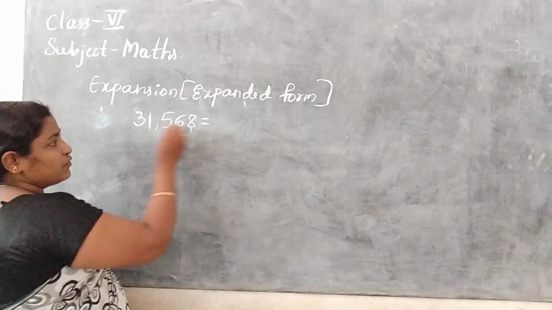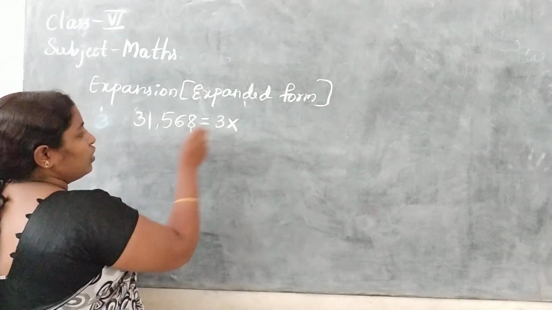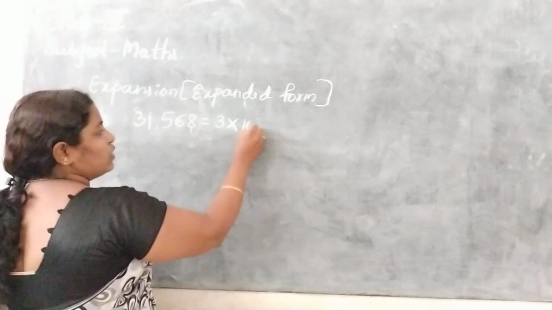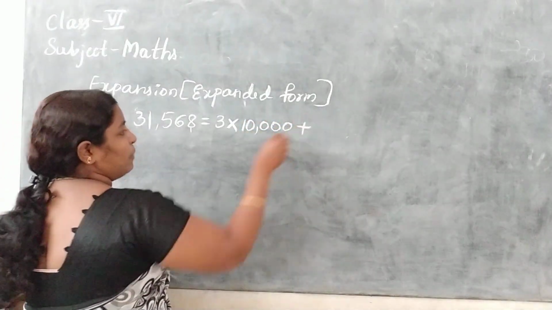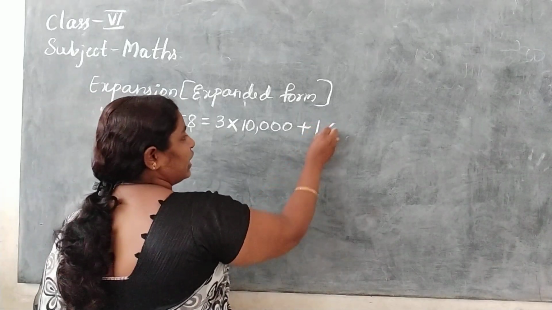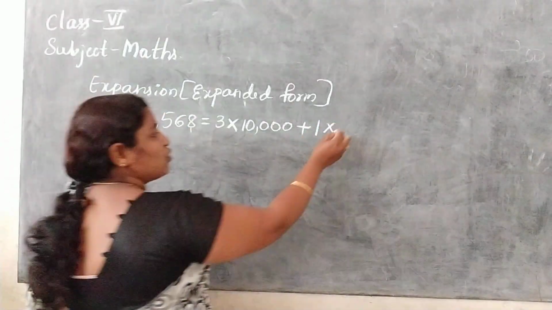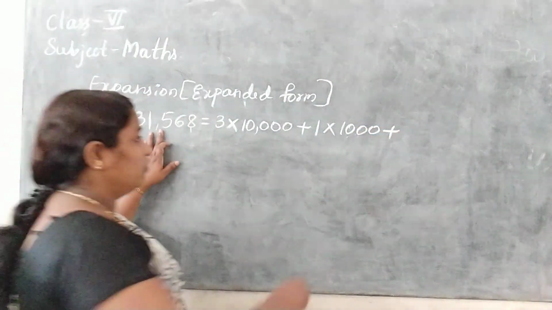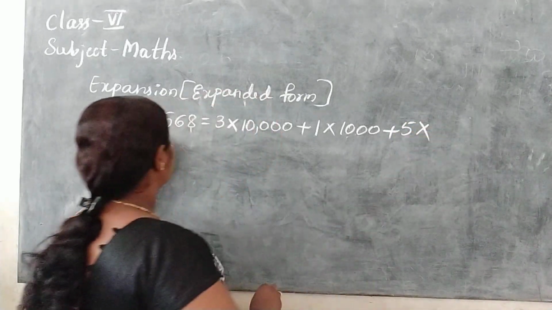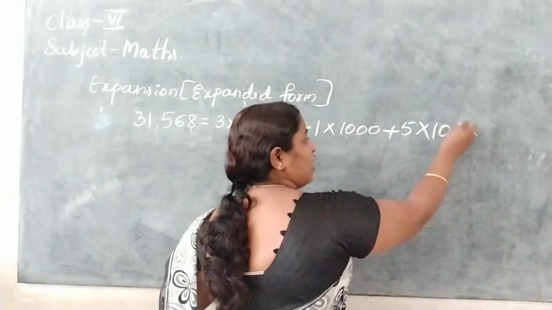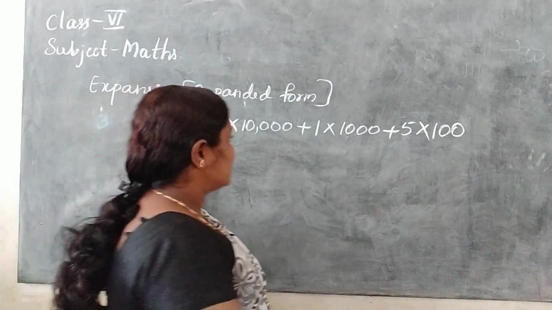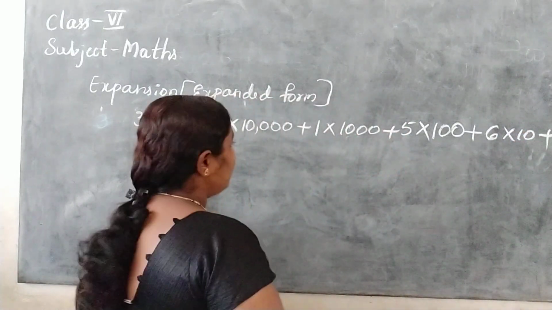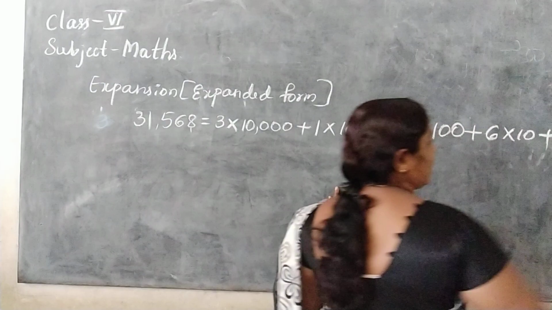So first we take 3, which place is it in? Ones, tens, hundreds, thousands, 10,000. So we should write 10,000, plus 1 into thousands place, plus 5 into hundreds place, 100, and then plus 6 into tens place and 8 into ones place.